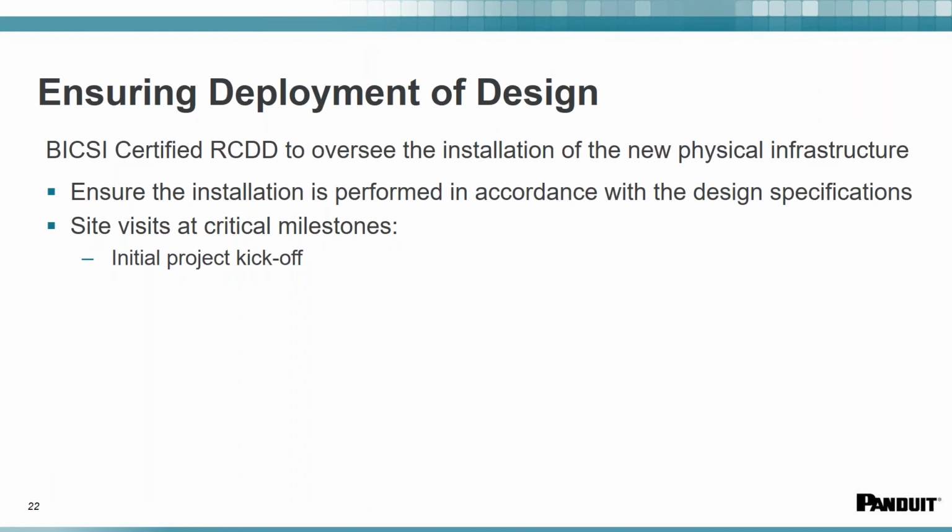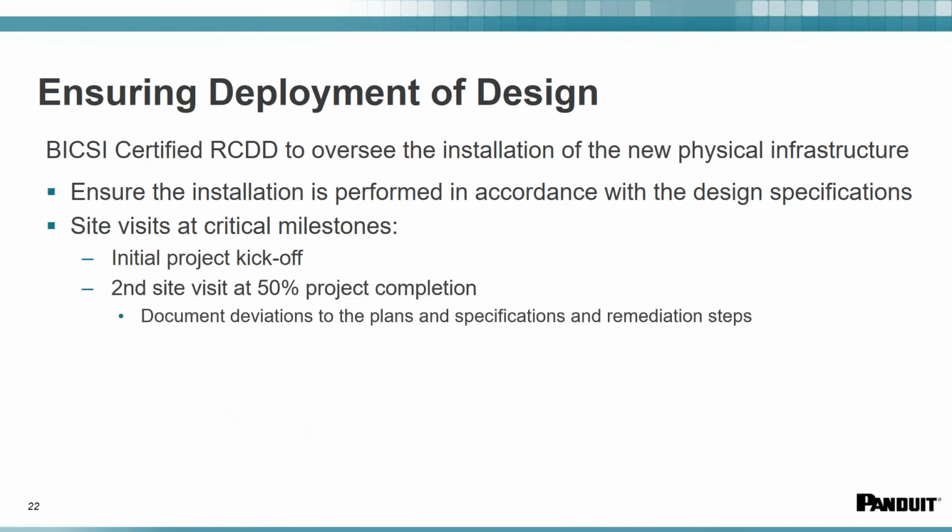So they kick off the project, and in the implementation phase, you need to oversee all of this design deployment. Make sure that you have some planned visits for when certain milestones are being met, and not just the end milestone. We're talking about running the fibers and testing that the fiber is passing, that it's not kinked somewhere.